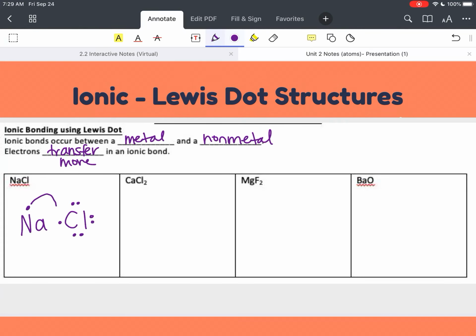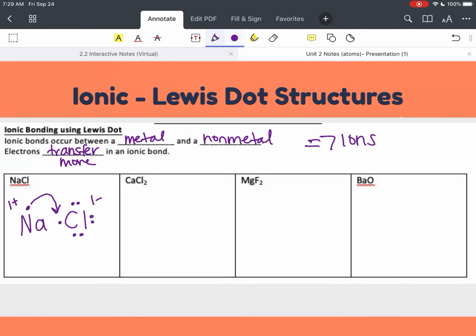The way that we show that is we draw an arrow showing how the electron is going to move. And remember, when we have ionic bonds, we are forming ions, so we are going to give our elements a charge. If chlorine gains 1 electron, its charge is going to be 1 minus. If sodium loses 1 electron, its charge is going to be 1 plus.